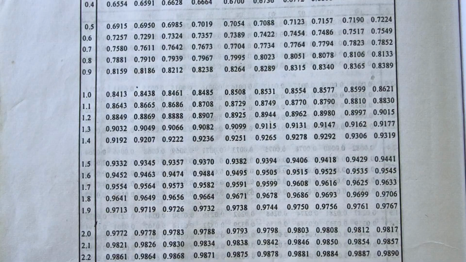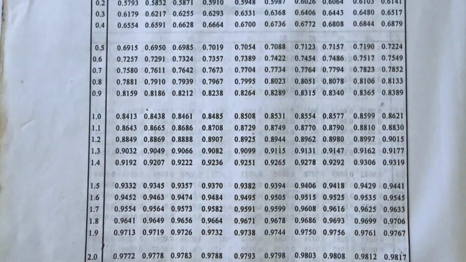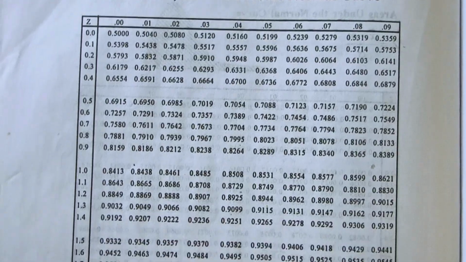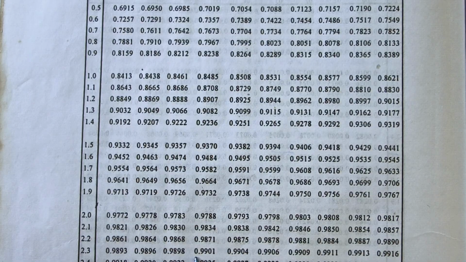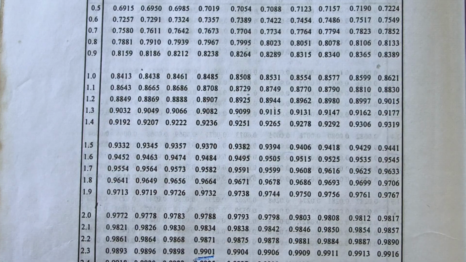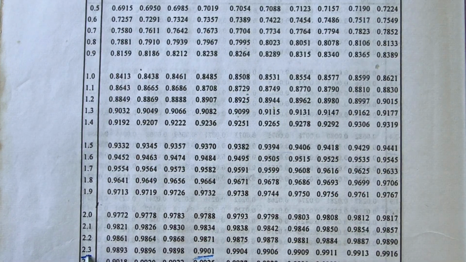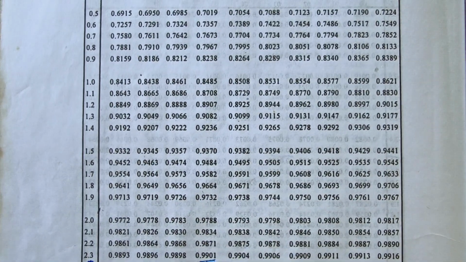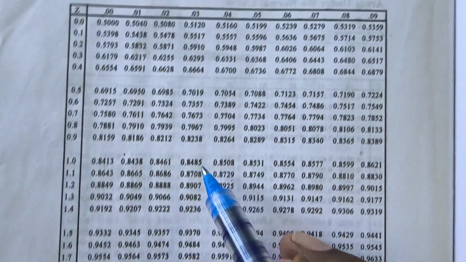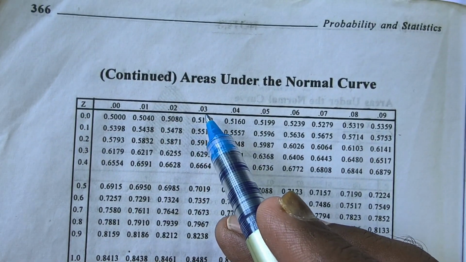Now check the 0.99 value in the body of the standard normal distribution table. Yes, 0.9901 is there, which is near 0.99. It occurs at the 2.3 row in the column 0.03.